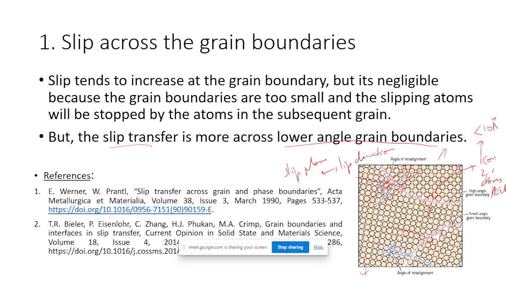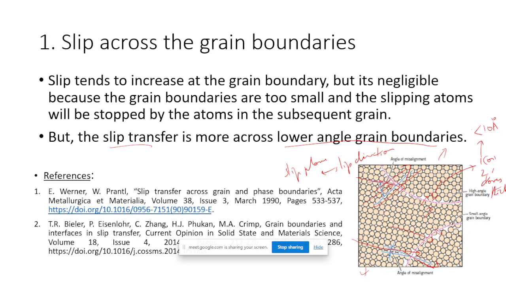Whereas if you look at these two grains, here the atoms are traveling in this direction, whereas here the atoms are traveling in this direction. So the angle is actually very, very minimum, so that when we apply the stress, this set of atoms will somehow manipulate the other atoms to travel in the direction of stress, so that the slip is transferred across the boundaries.